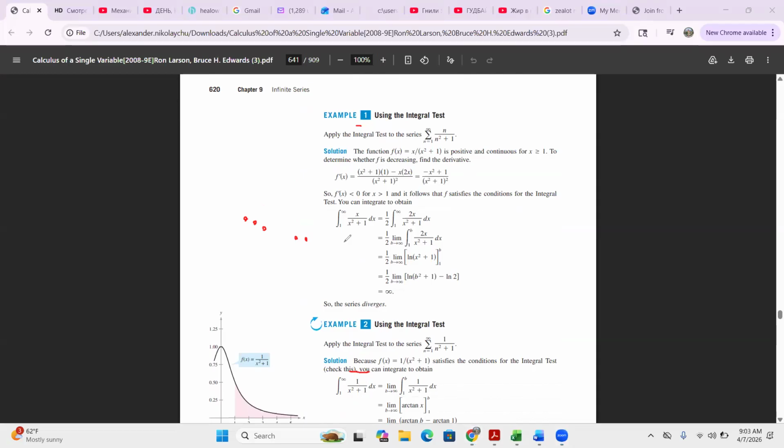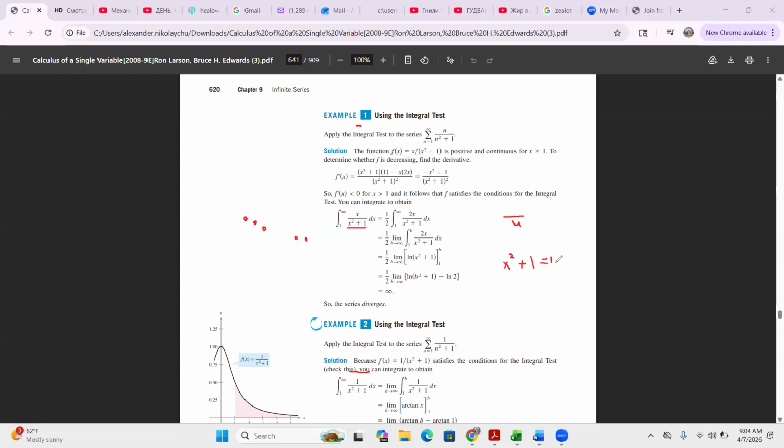For example, here's the integral from 1 to infinity that you can calculate by using the substitution, right? If you were to substitute your denominator, x squared plus 1, by a new variable letter u, then its derivative is 2x, right?